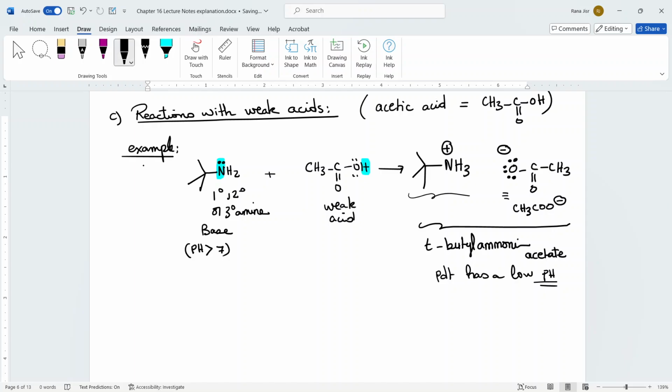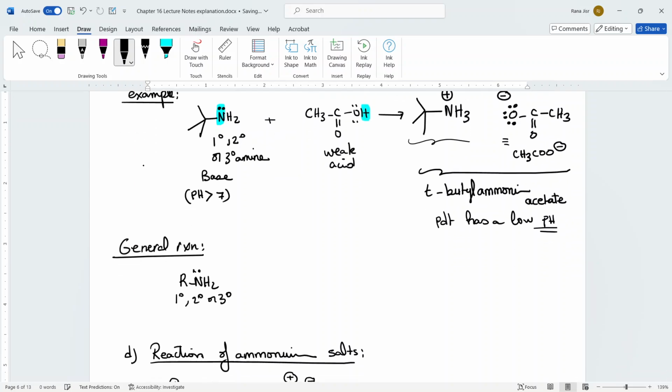So the general reaction here is for any type of amine that is reacted with any type of acid. If I start with an amine, and the amine, normally, whether it's a primary, secondary, or tertiary, amines are bases.